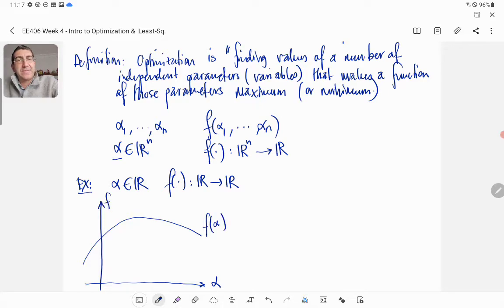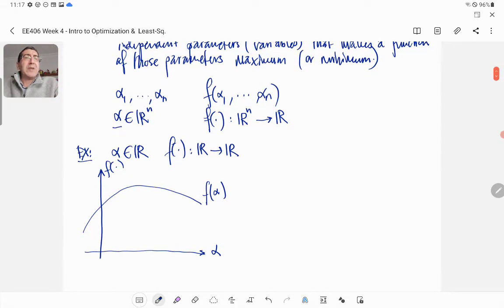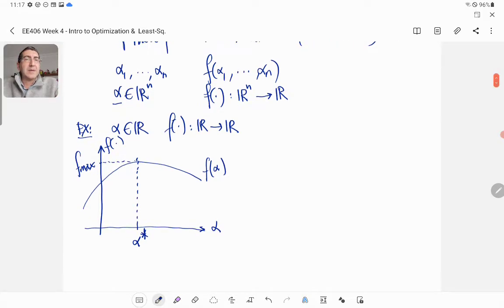So at some point here, this function will achieve its maximum value. Let's call this f max. And this will happen at a particular value that we will call alpha star. This alpha star is what we are looking for. This is the so-called optimum point, and this is a global maximum.